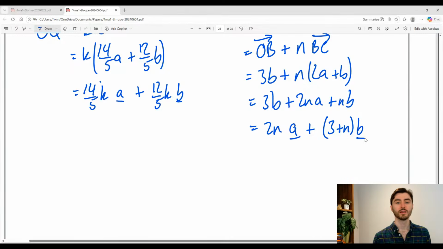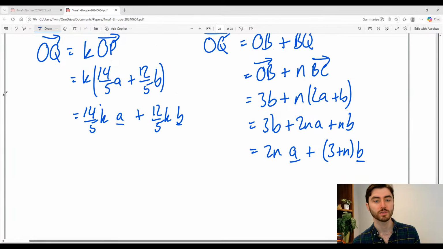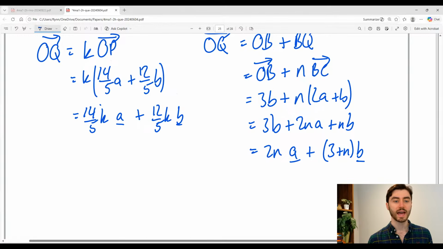Now, because these are both vectors for OQ, they have to be the same vector, which means the A parts and the B parts have to be identical.